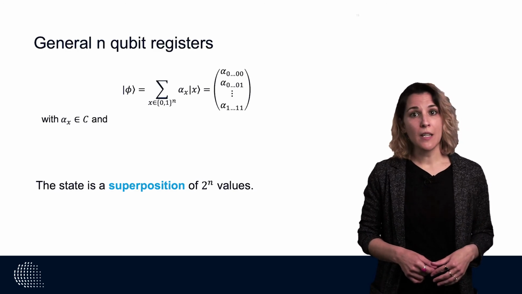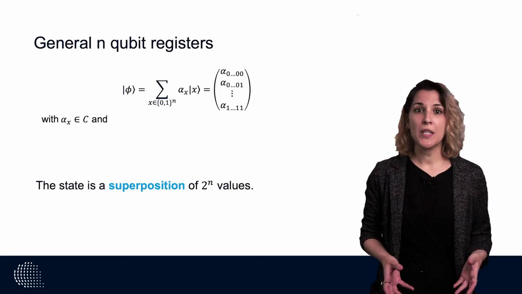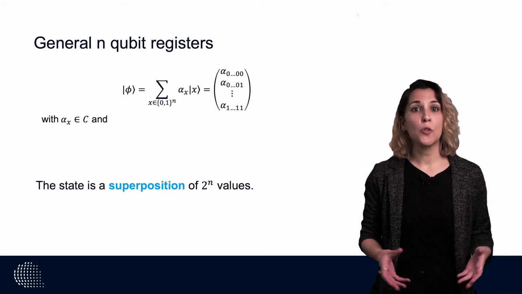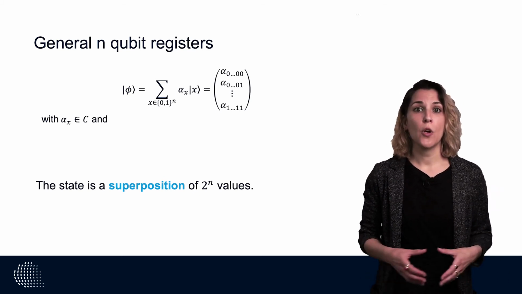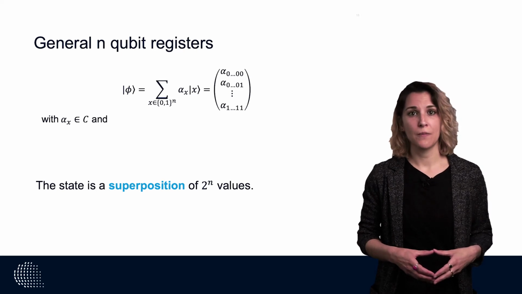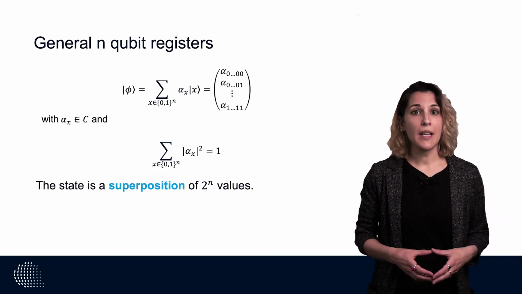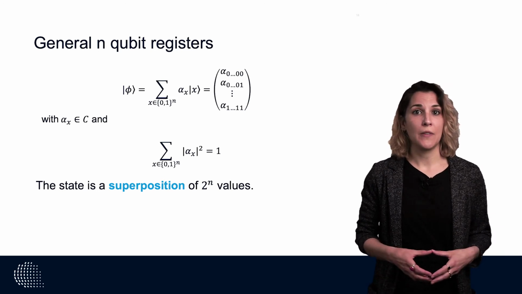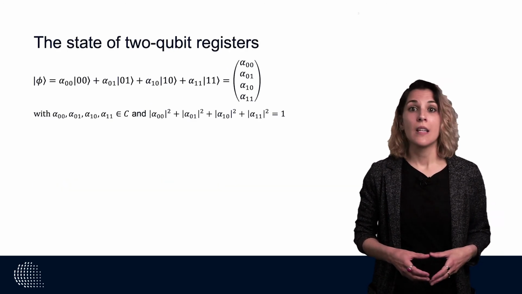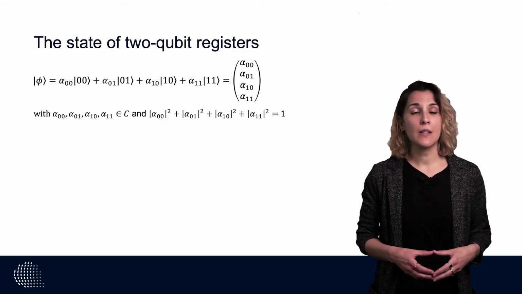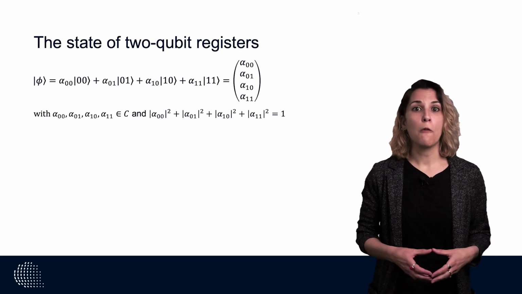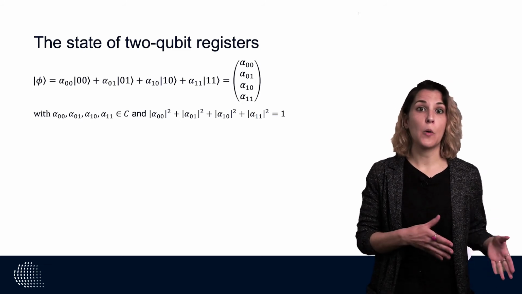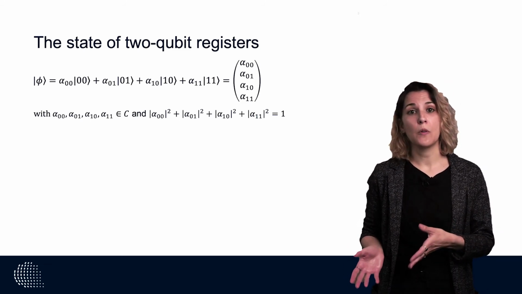As we have seen, the state of an n-qubit register can be described as a superposition of the 2 to the n possible combinations of the n-qubit registers. As in single qubit states, the sum of the probability amplitudes squared must be 1. For instance, the state of 2 qubit registers is a superposition of all possible combinations of the first qubit register being 0 or 1 and the second being 0 or 1.